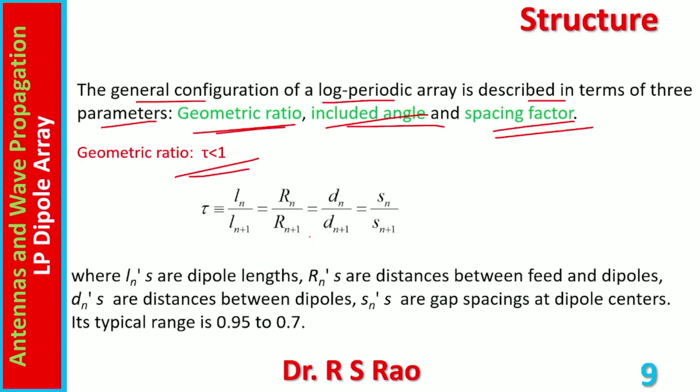These ratios are equal, where ln's are dipole lengths, rn's are distances between feed and dipoles, dn's are distances between dipoles, sn's are gap spacings at dipole centers. Typical range of tau is 0.95 to 0.7.